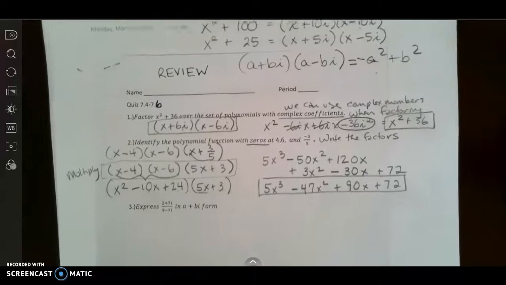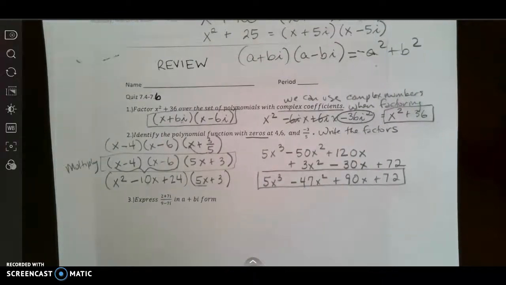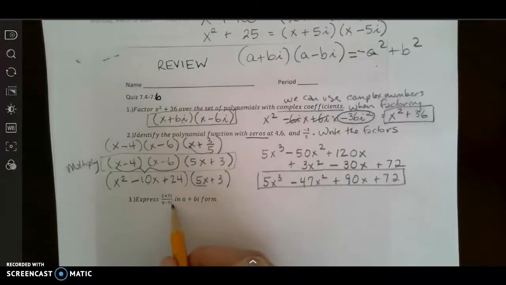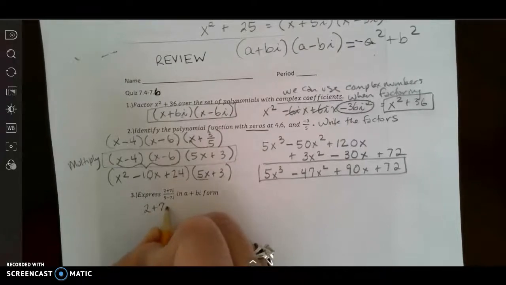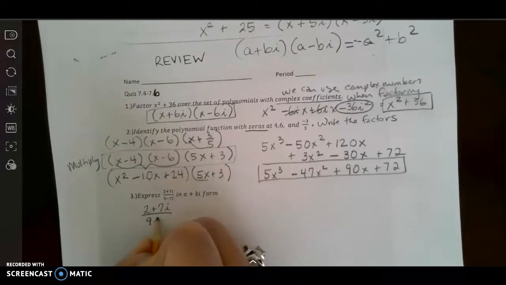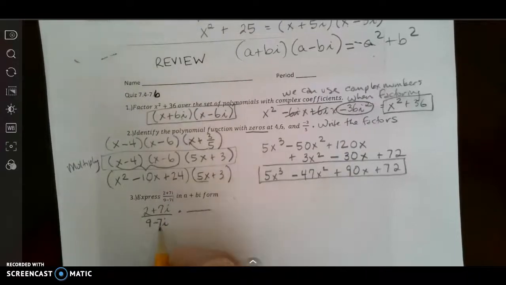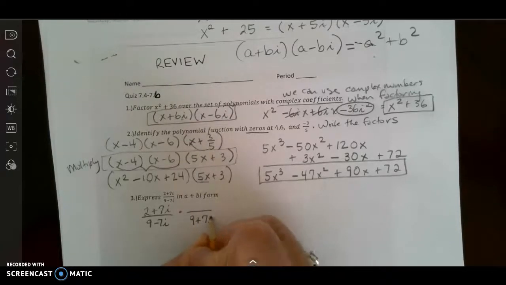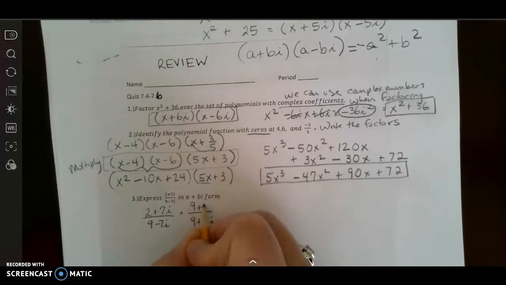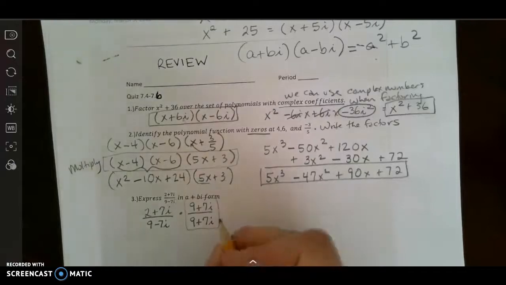This next one, number 3, we're asked to express this in a plus bi form. But whenever you have a denominator with an i in it, you have to rationalize. So 2 plus 7i divided by 9 minus 7i, I'm going to have to multiply by the complex conjugate, 9 plus 7i, but I have to do it in the numerator and the denominator so that I'm really just multiplying by 1, and I'm not actually changing the value.